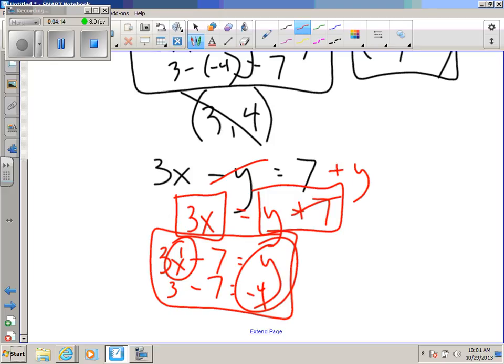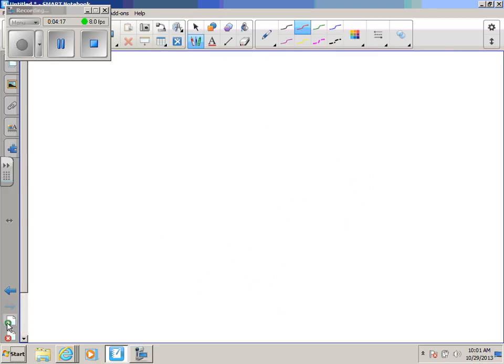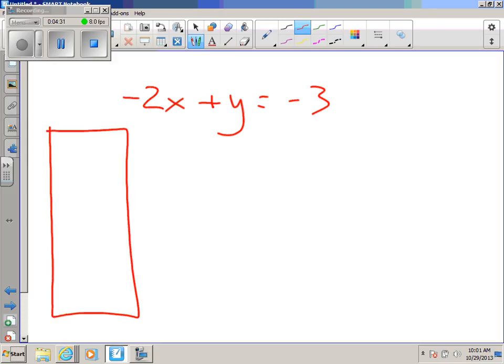Top of page 216. So our first linear equation that they want us to graph, and for the most part, the values for x that are going to be given are the ones you used for today too.